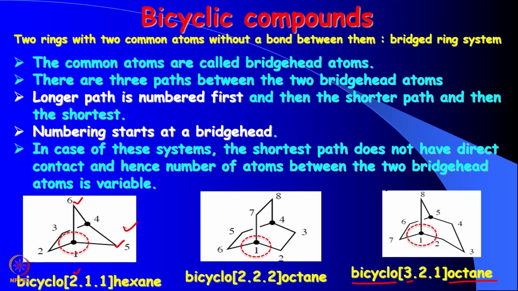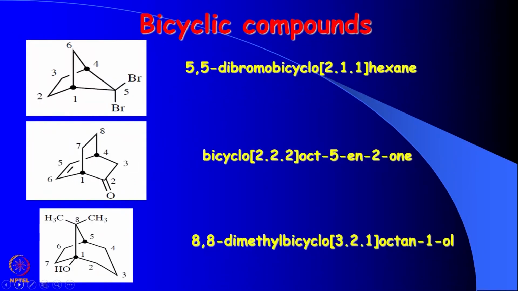From 1 to 5 on that side you have 2 atoms, and from 1 to 5 through 8 we have 1 atom. So, we write it as bicyclo[3.2.1]octane. This is how you should number these bicyclic compounds. These are some other examples of bicyclic compounds that you may want to learn yourself how these namings are done.